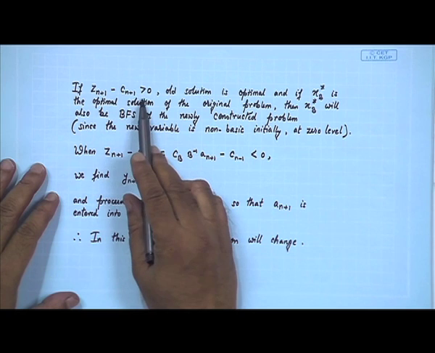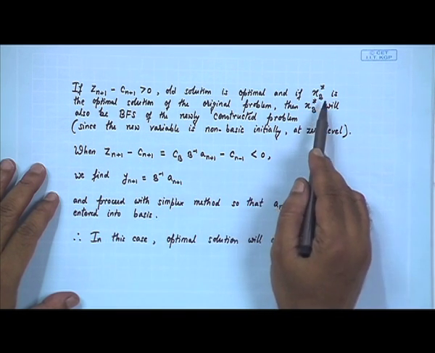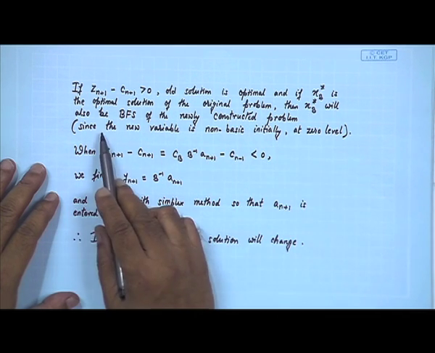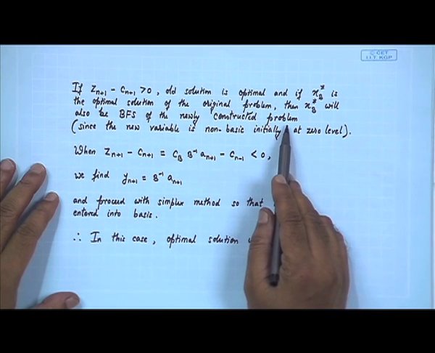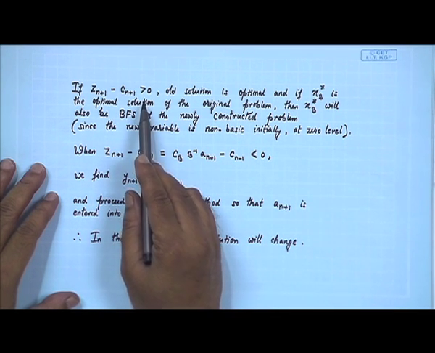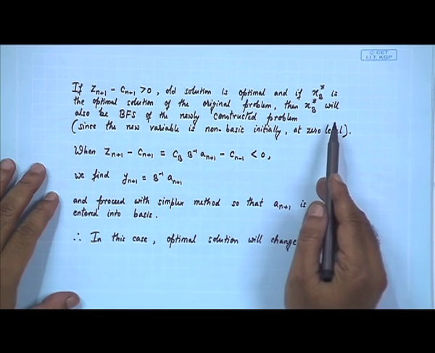Automatically the new variable also satisfies the optimality condition, and if B star is the optimal solution of the original problem, then B star will also be the basic feasible solution of the new problem. So, if z_{n+1} minus c_{n+1} is greater than or equal to 0, then the old solution will remain the optimal solution of the new problem also.